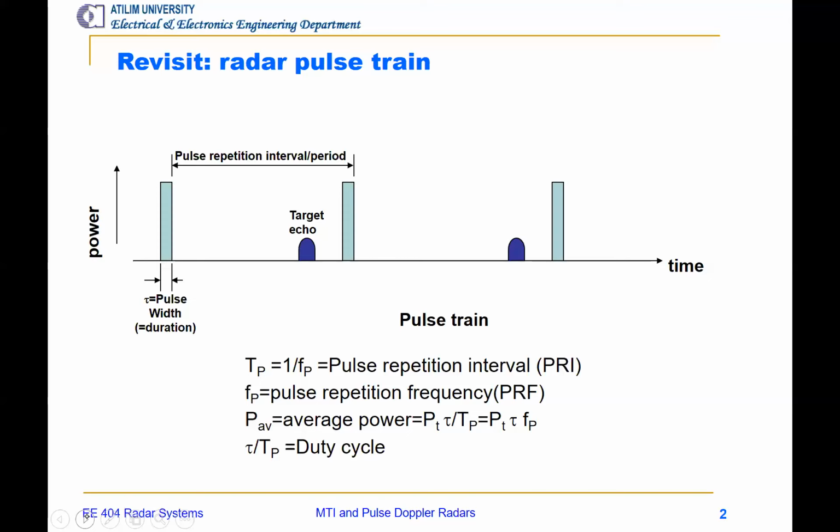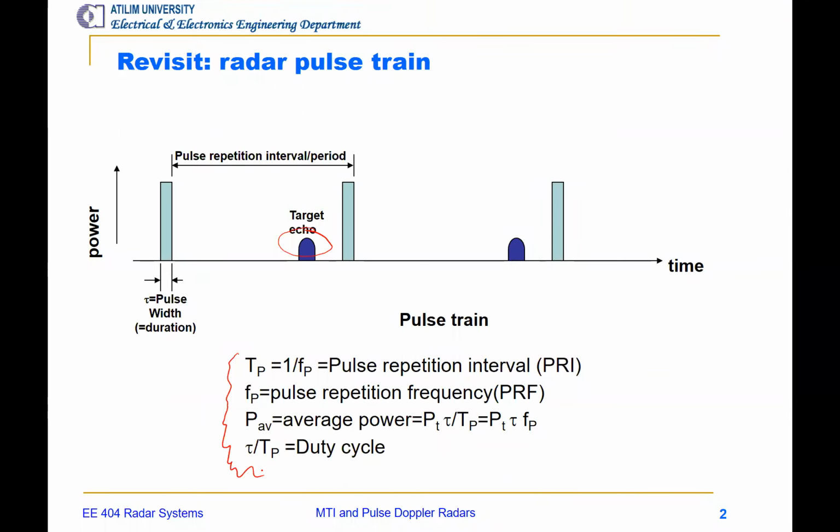Okay, let's remember the first lesson again. We got a pulse sequence here, as you see, and echo signals right here. Here are the parameters that we have been studying: pulse repetition interval, pulse width, peak power, average power, duty cycle.